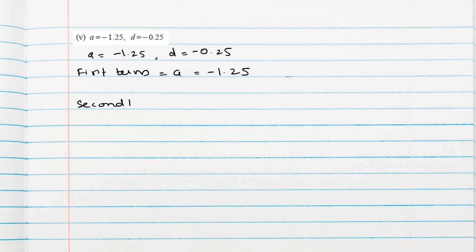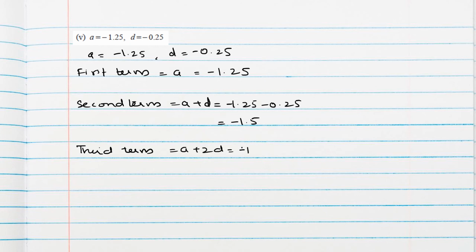Question number 5. A is minus 1.25 and D is minus 0.25. So the first term is A, which is minus 1.25. The second term is A plus D. Minus 1.25 minus 0.25 will give minus 1.5. The third term will be A plus 2D. So minus 1.25 plus 2 into minus 0.25.